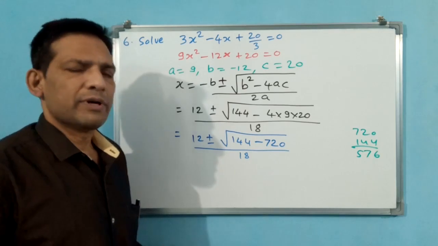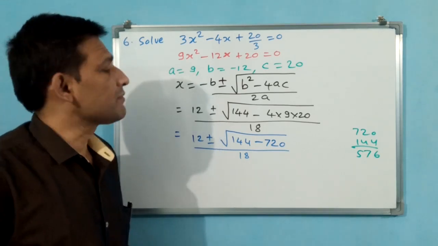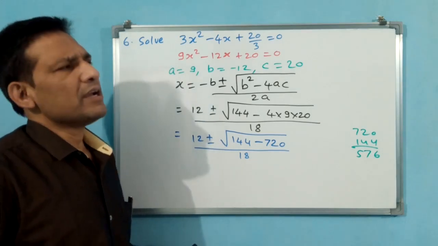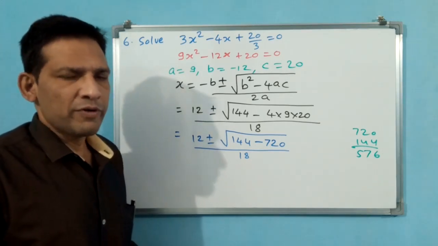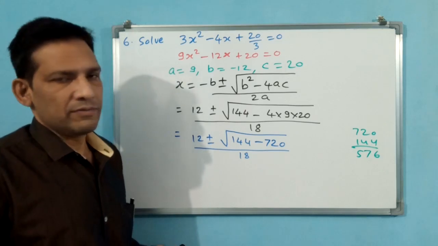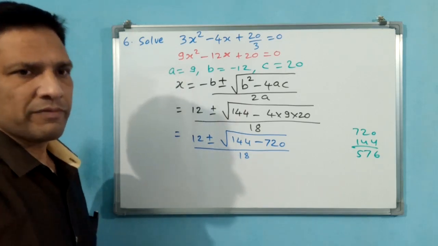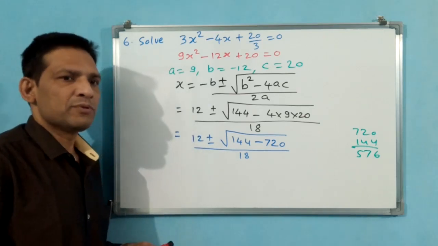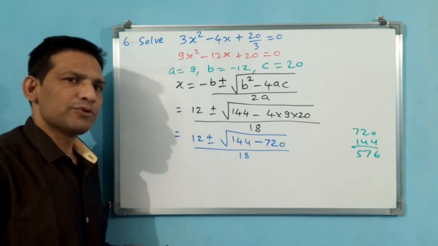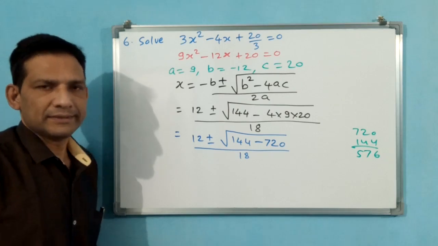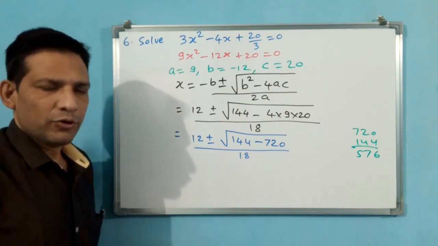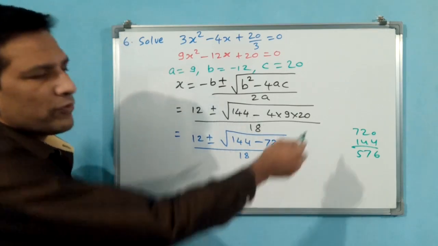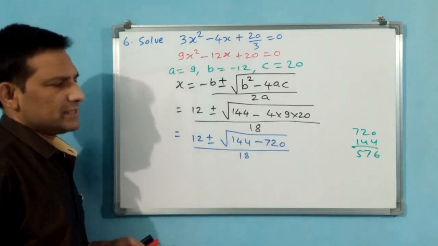How can you convert this? Because see, 576 square you can make, but that will be in minus. We know 25 into 25 is 625, 15 into 15, 225, 13 into 13, 169. Like that, squares up to 30 you should know by heart, and cubes up to 10 also you have to know by heart. 24 into 24 is 576.